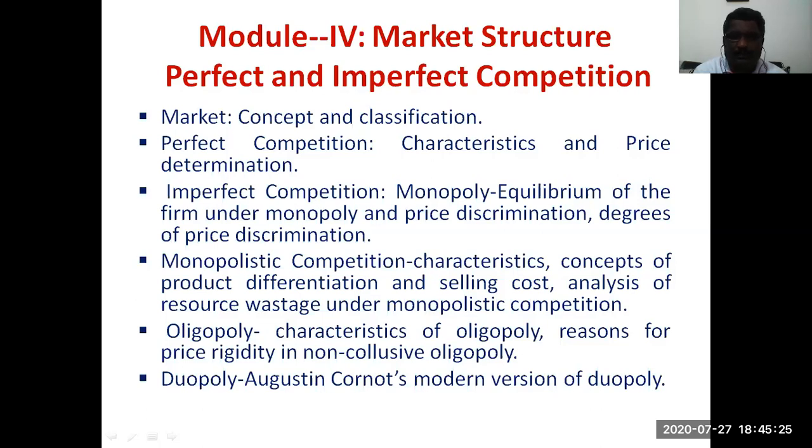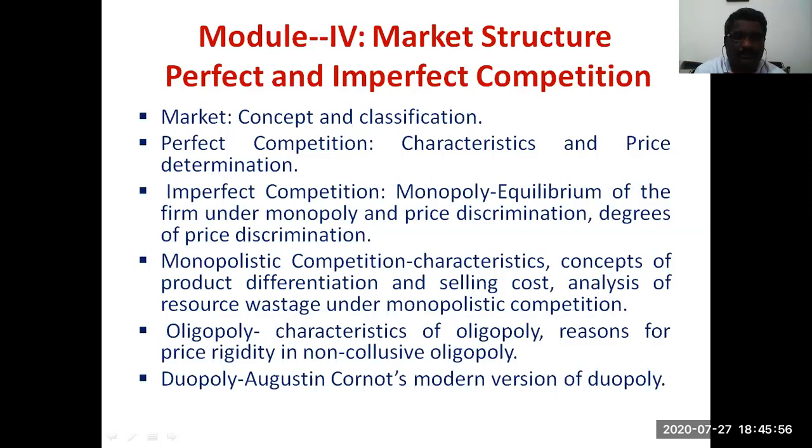In monopoly, we have to study equilibrium of the firm under monopoly, the price discrimination of the firm under monopoly, and the degrees of price discrimination under monopoly. These three concepts are there in the topic of monopoly. The next topic in imperfect competition is monopolistic competition.